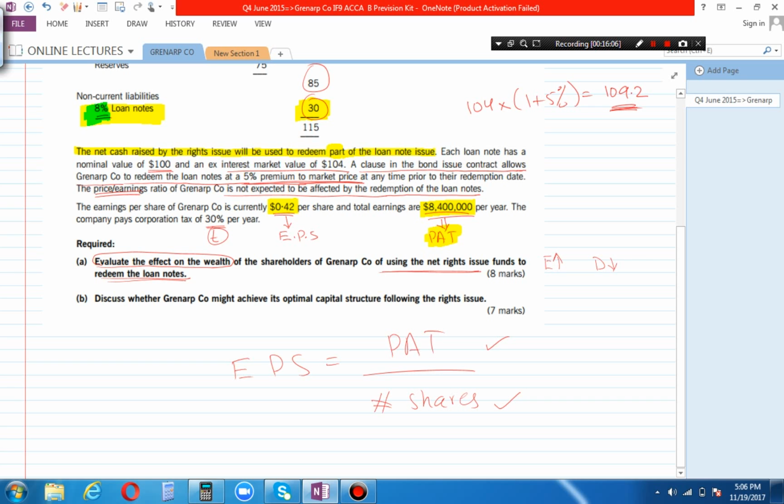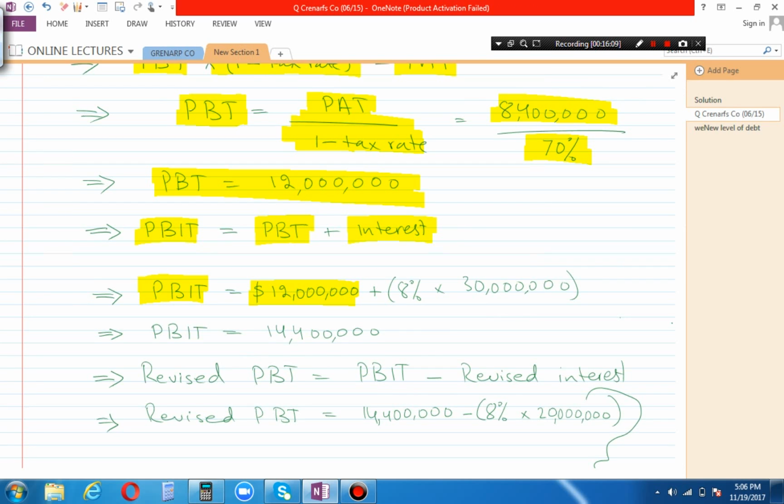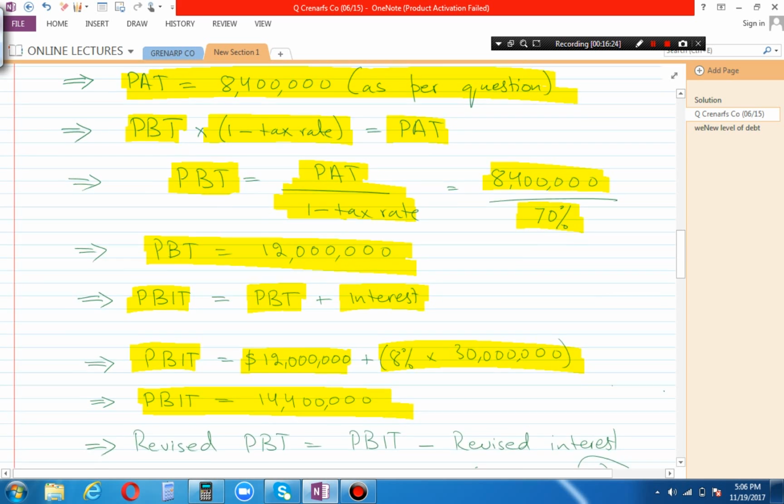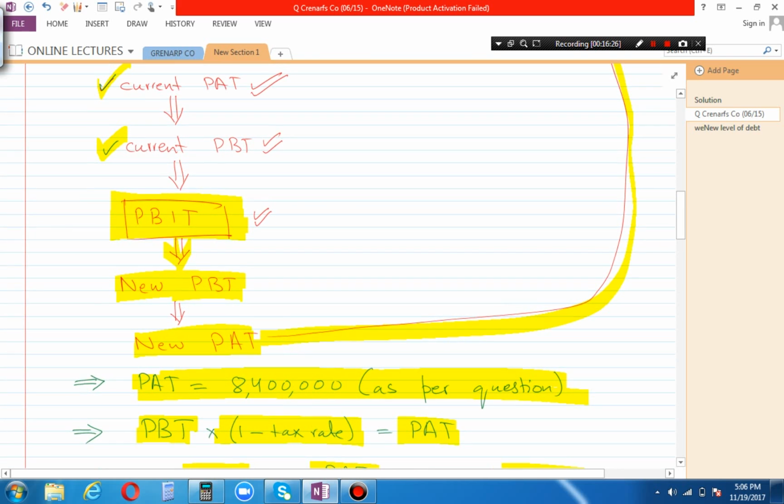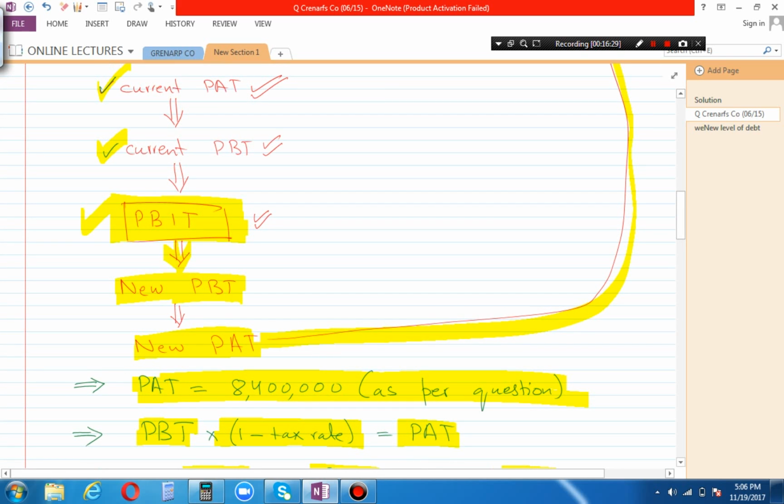So 8% of 30 million would be the amount of interest. This will give you your profit before interest and tax of 14.4 million. So we have done the third step also, profit before interest and tax.